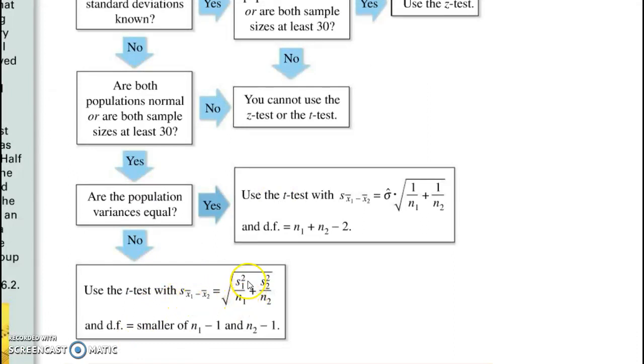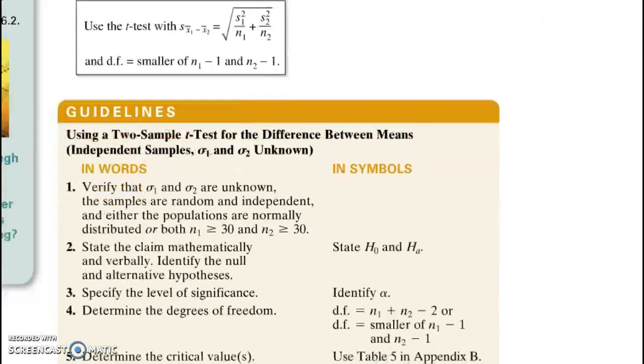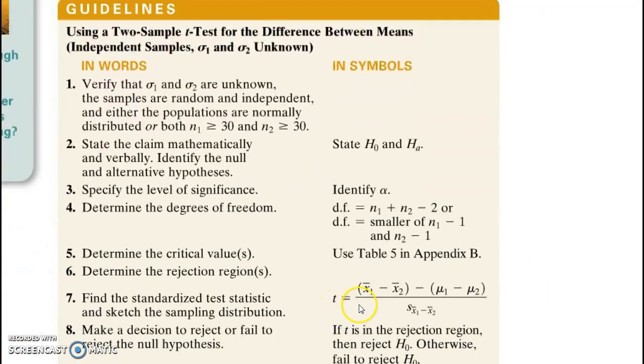For our test statistic, it looks very similar to what we did in 8.1, but instead of the population variance divided by the sample size, we're going to use the sample variance divided by the sample size. Let me scroll down to show you the test statistic actually looks exactly the same, where we're subtracting our sample means.